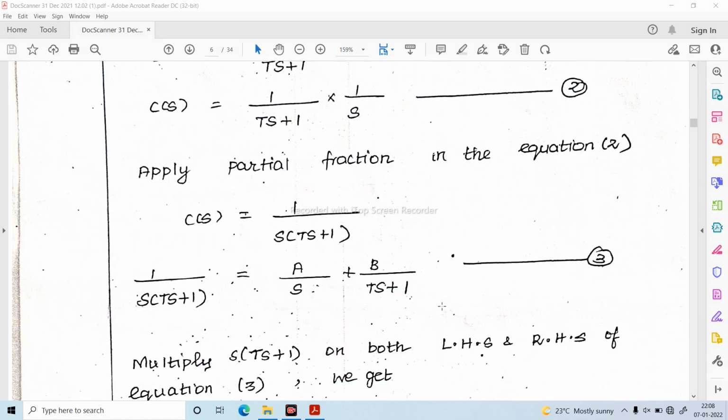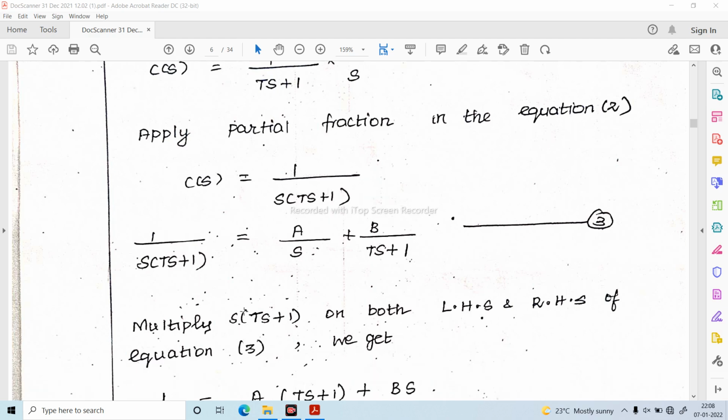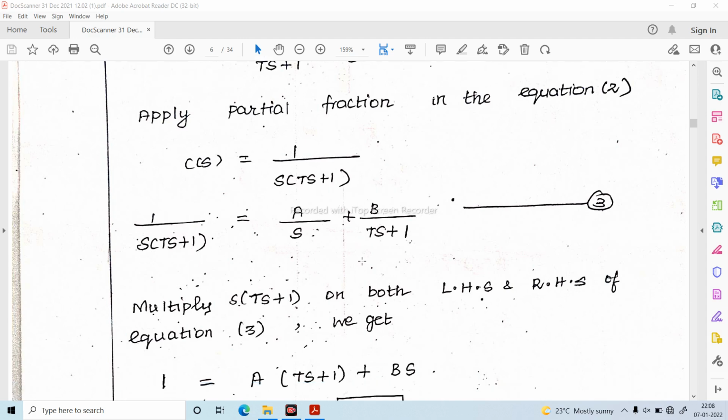For this, first of all I am going to apply the partial fraction of the equation. So first write 1 by s into Ts plus 1 as A by s plus B by Ts plus 1. Then multiply s into Ts plus 1 on both sides of the equation.